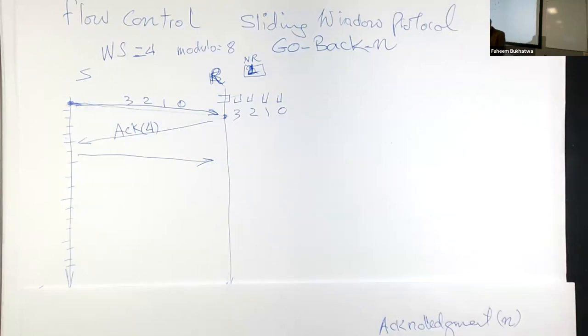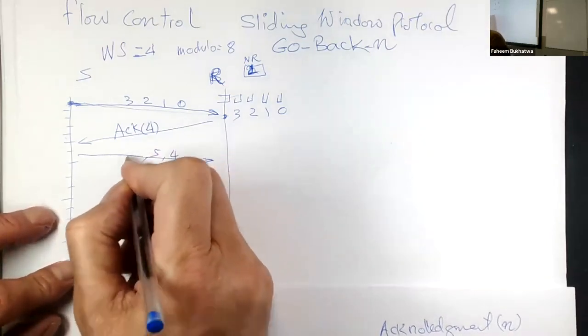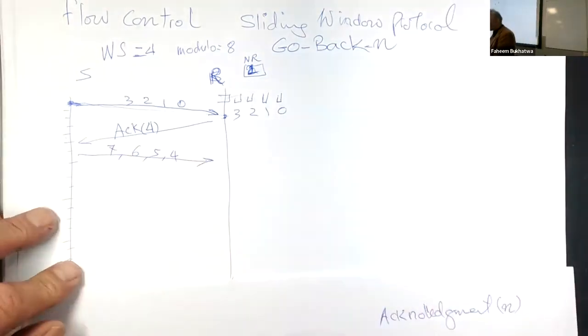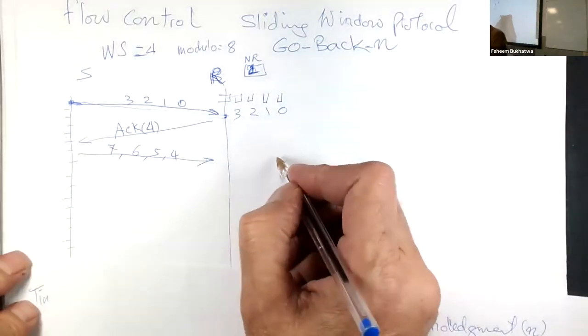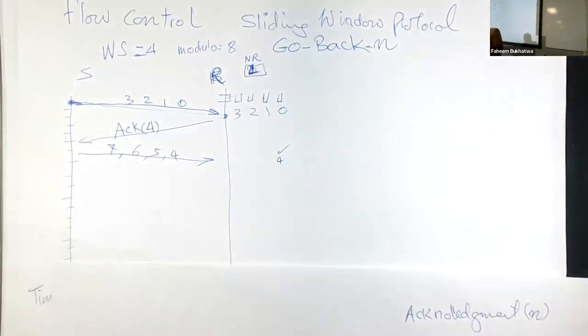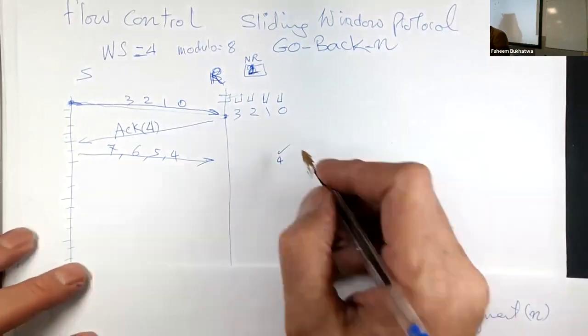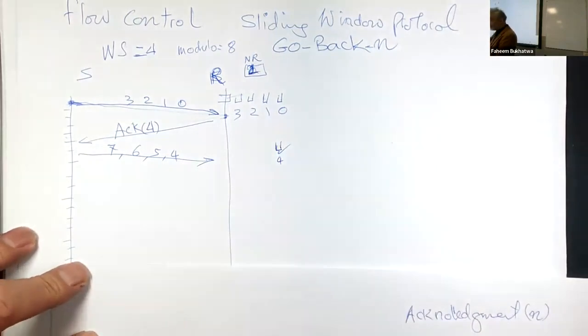What about the next one, number 8? So it will send 4, 5, 6, and 7. Okay, so simple, but it's perfect. So this guy received 4 good. What will it do with frame number 4 if it's perfect? You send it upward to the user.